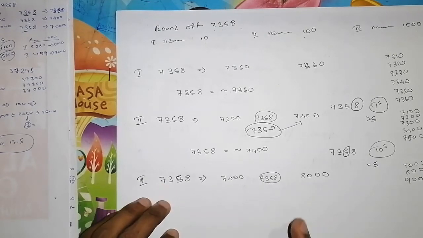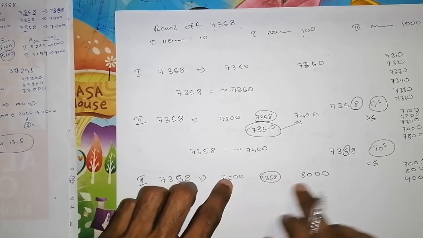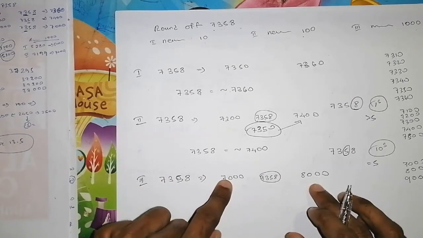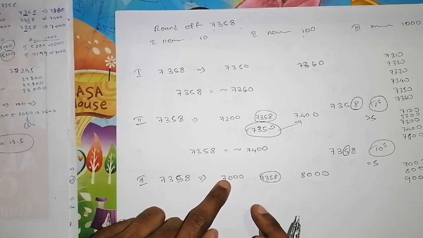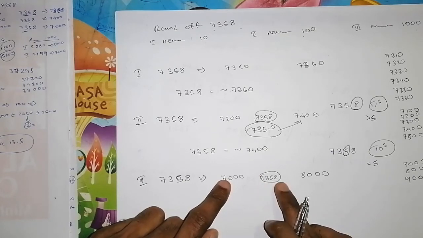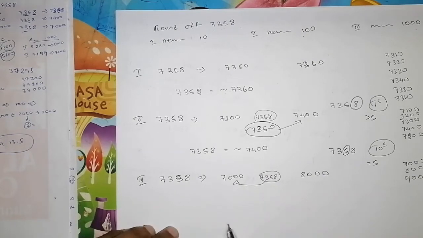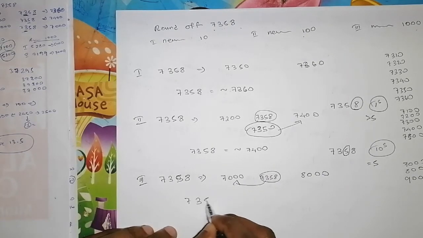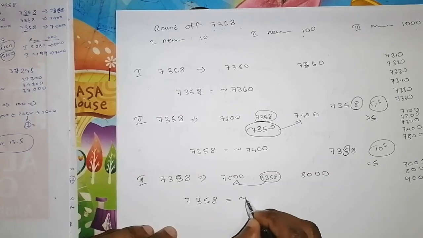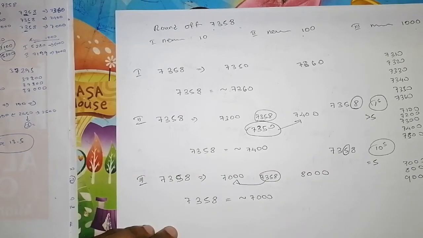It is not past the half. The middle value is 7500, the half is 7500, and here we have 7300, which is less than half, so nearest 7000. So 7358 approximately is 7000.